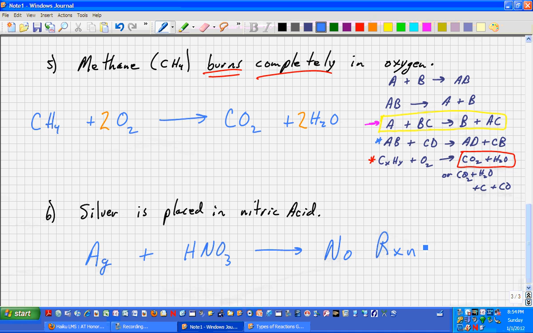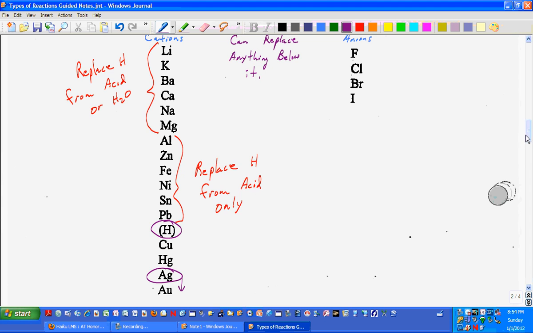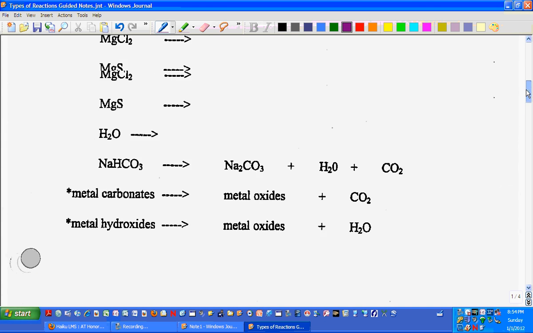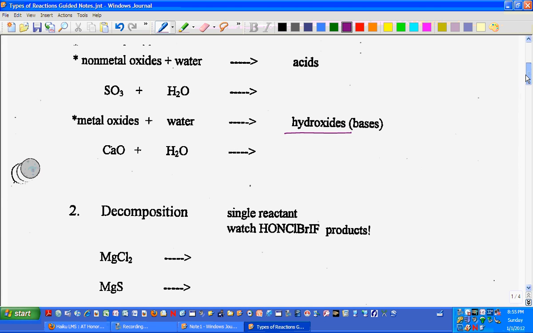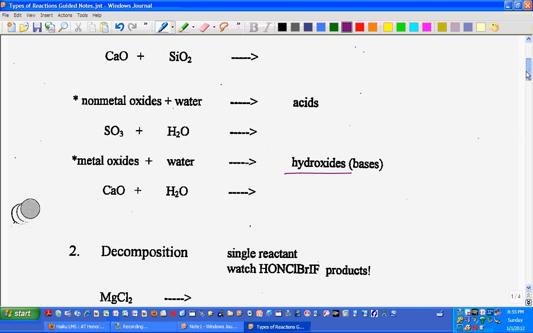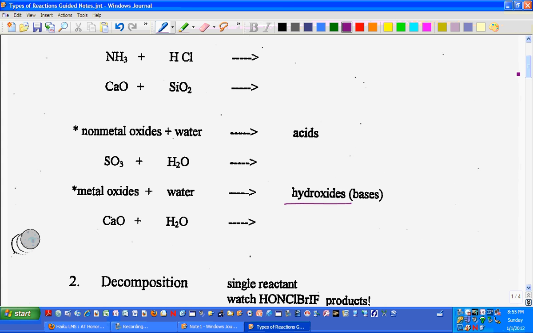Handful of examples here. Constantly refer back to this set of patterns, this set of general equations for different reactions. Keep in mind we've got a couple of special things that we have to remember for combination synthesis reactions and decomposition reactions.